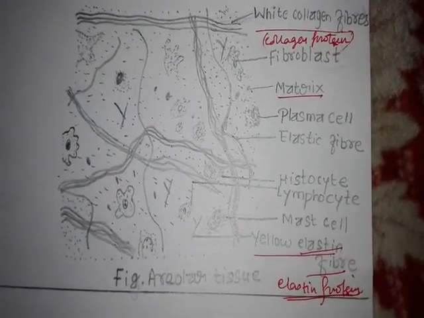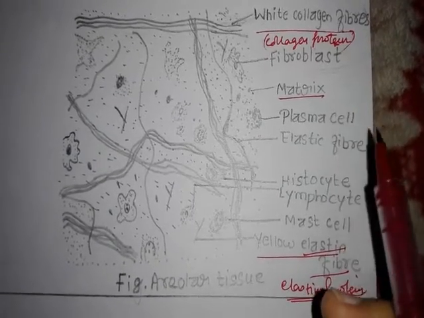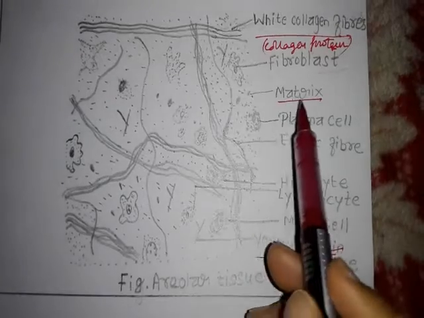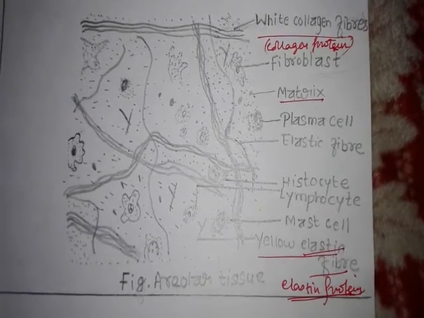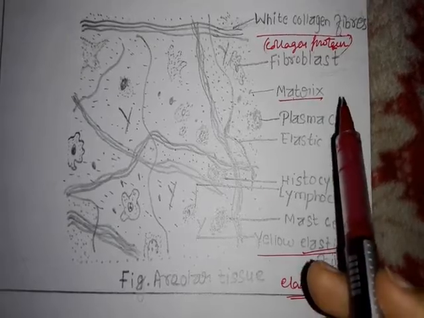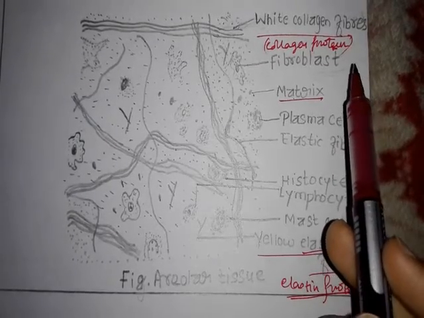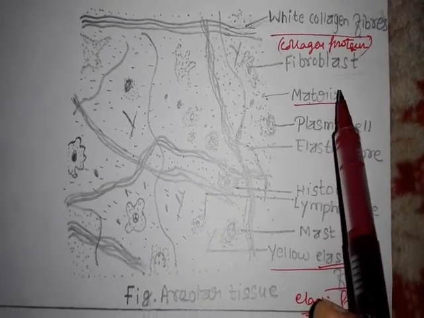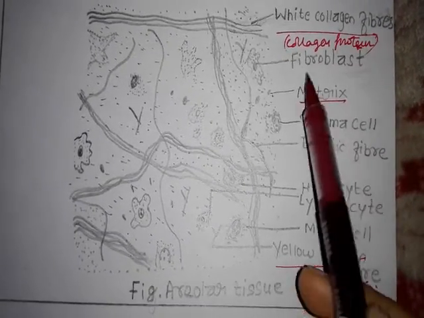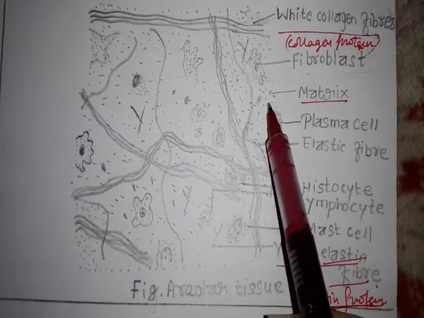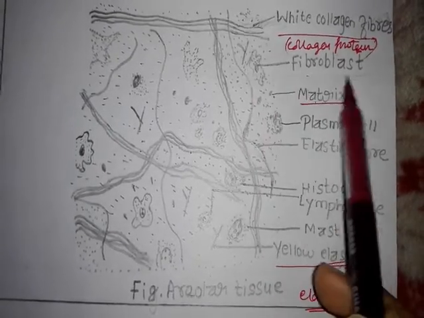Next are the cells which are present in the matrix. They are fibrocytes or fibroblasts. These are large flat cells that form white and yellow fibers, responsible for the formation of fibers.